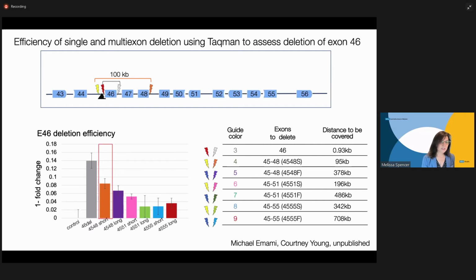So these results told us that we're probably not going to want to create these other deletions instead of this exon 45 to 55, because we want to encompass as many patients as we can with a single pair of guides. We will consider in the future, but for right now, we're going to take this forward.